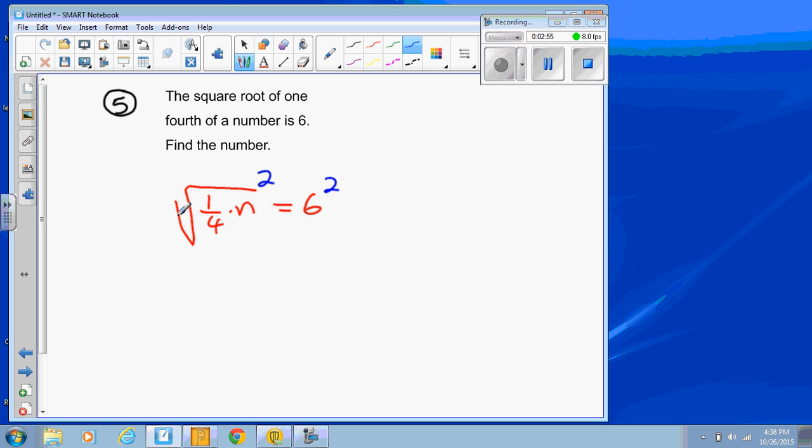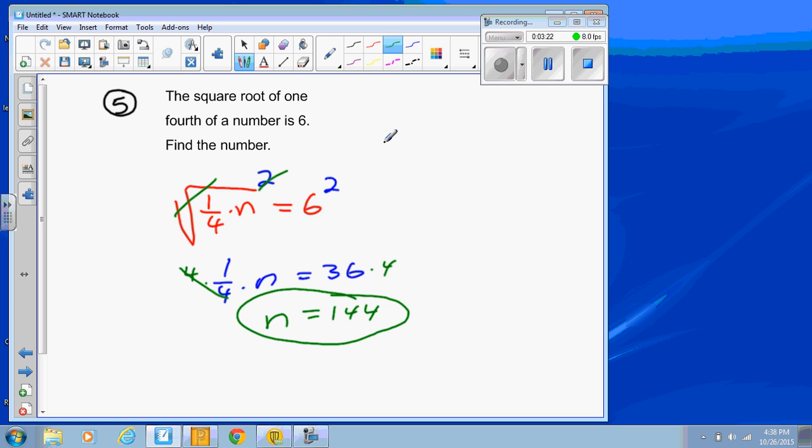So the square root of a square gets rid of itself, so these guys disappear. And I got 1/4 times n equals 36. So the next step would be to get rid of the 1/4, so multiply times 4. Multiply 36 times 4, and these cancel, and I have n equals 144.